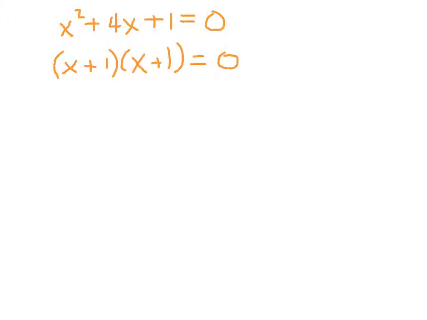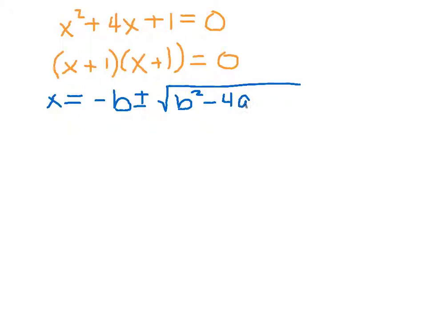So now I'm just going to use the quadratic formula, which says x is equal to the opposite of b plus or minus the square root of b squared minus 4ac, all over 2a.